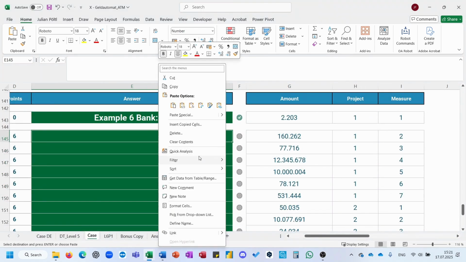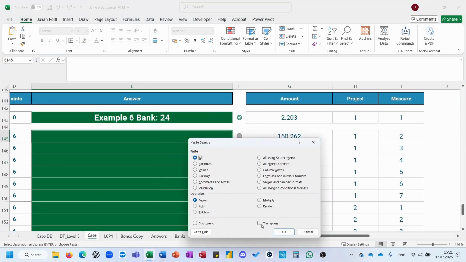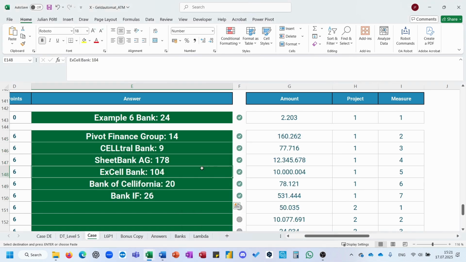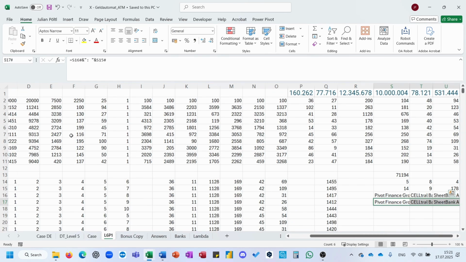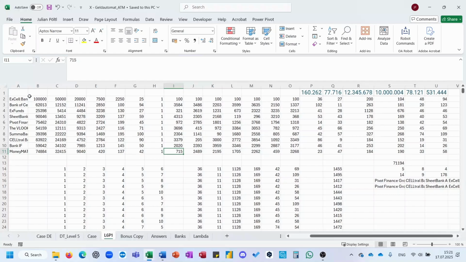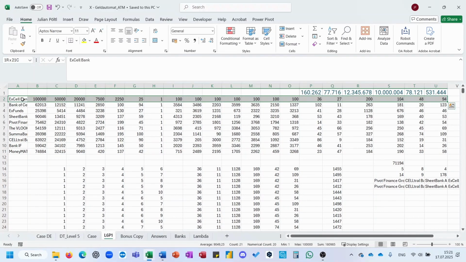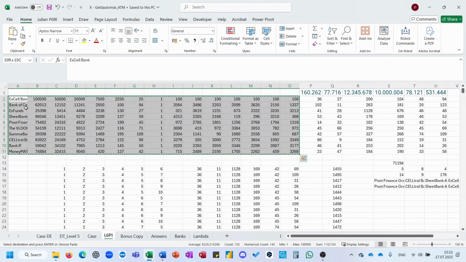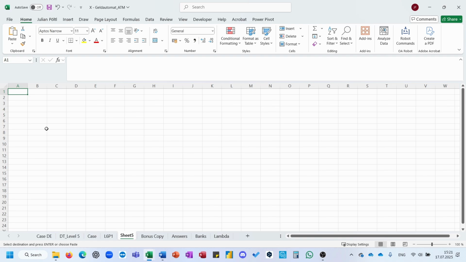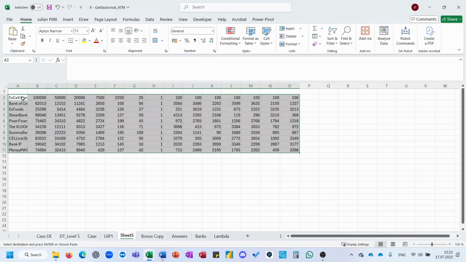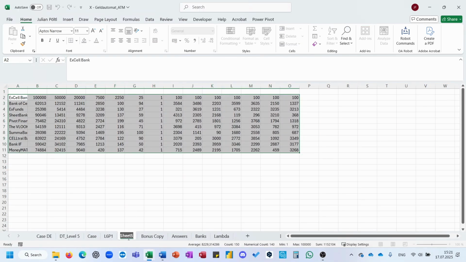Now I need to both transpose and put only values in. Please save it. And then I basically do the same for project 2 and project 3. 6P2.